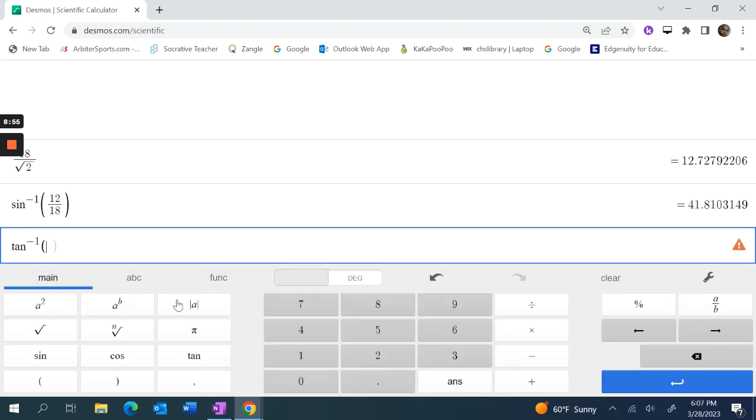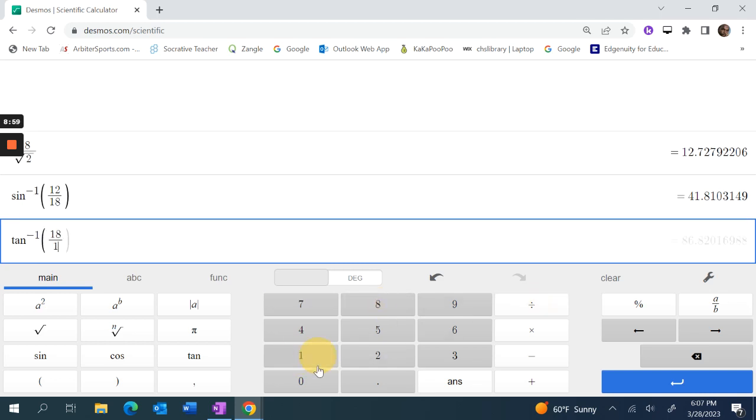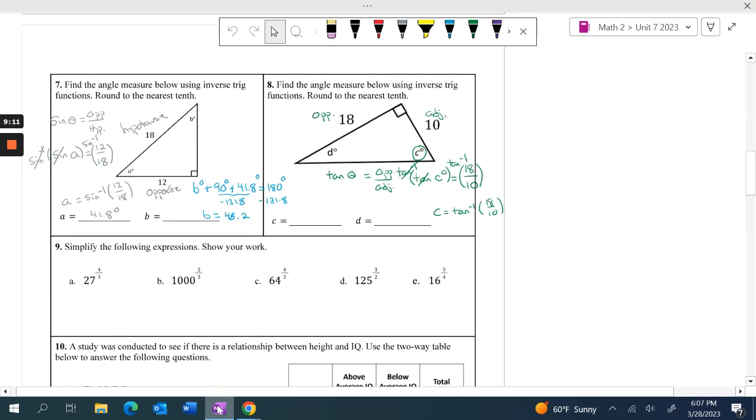Type in the fraction 18 over 10, and my answer is 60.94, and that is closer to 60.9 than it is to 61. So 60.9 is how I'm going to represent the answer for C. 60.9 degrees.